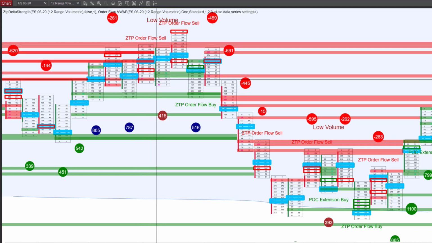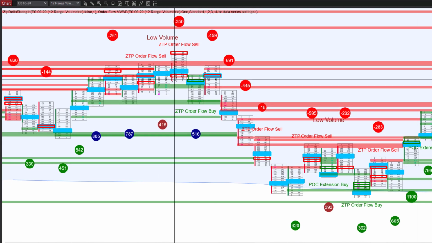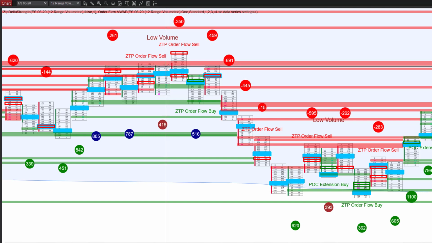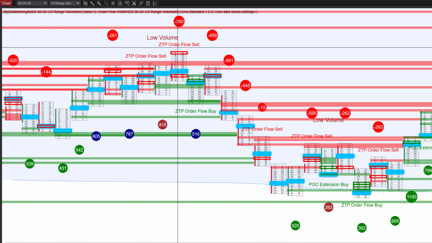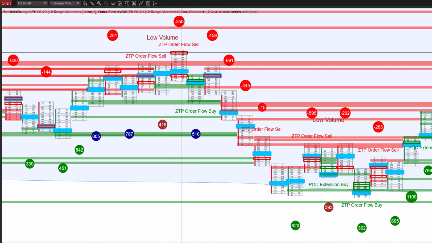Then what happens is price trades down, trades back up, and makes a higher high. Well, it's making a higher high on lower volume. Why is it doing that? Well, on lower volume, the resistance is basically being pulled, so it's not a two-sided fight between buyers and sellers. Basically the sellers are pulling the resistance, letting the natural buying come in, and then they're getting better prices up here.